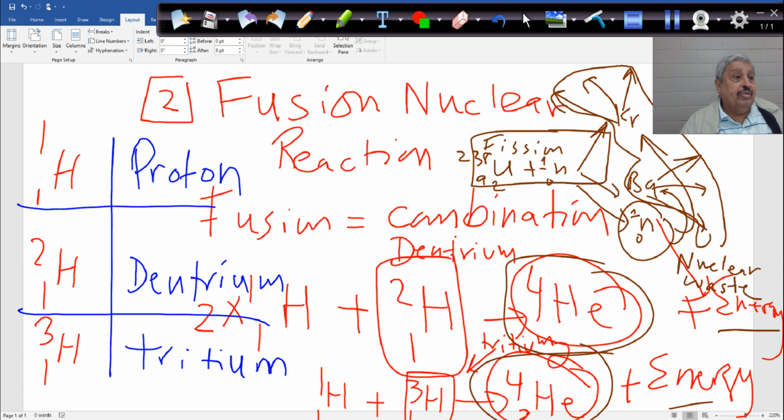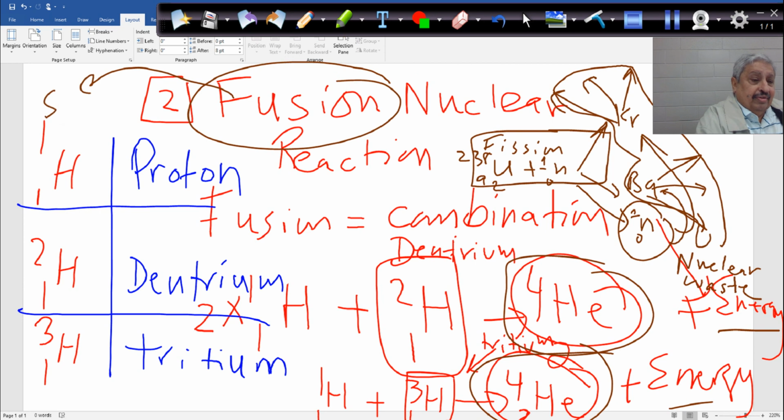So you will see most of the countries now are shutting down their nuclear plants used for electricity because we can utilize the fusion reaction. That's in the sun. Suns and stars, not planets.